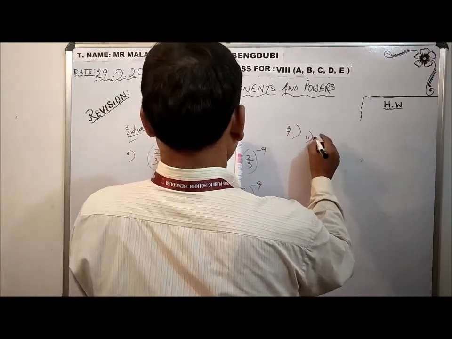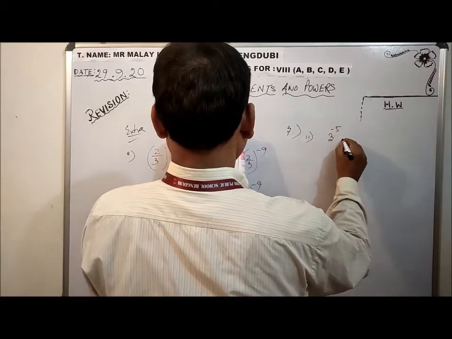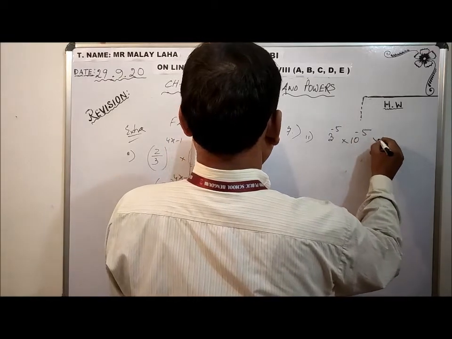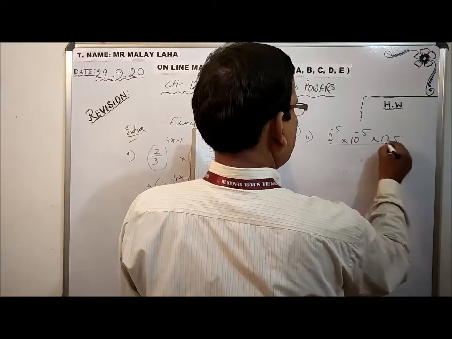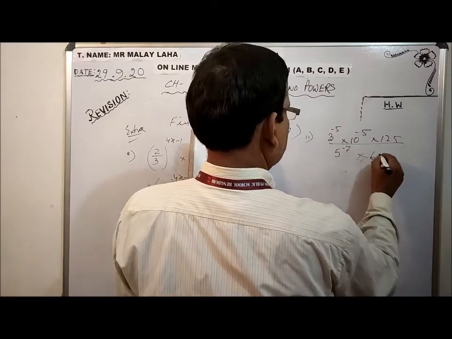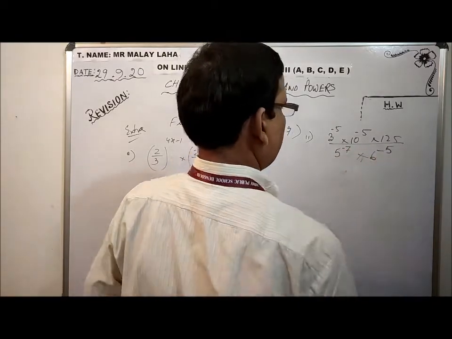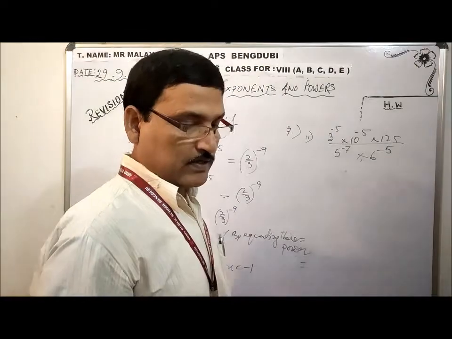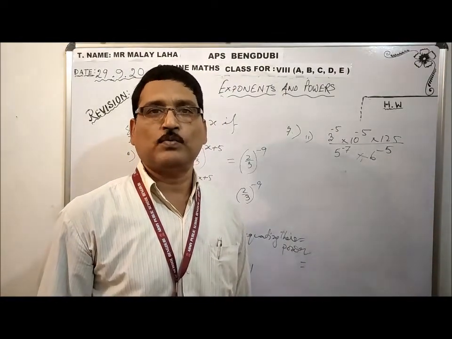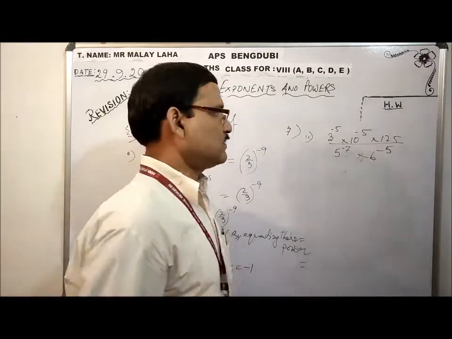7 part 2. Say 3 raised to minus 5 into 10 raised to minus 5 into 125 by 5 raised to minus 7 into 6 raised to minus 5. What I will do? Here the rule is all numbers should be broken down into prime factors. Okay.